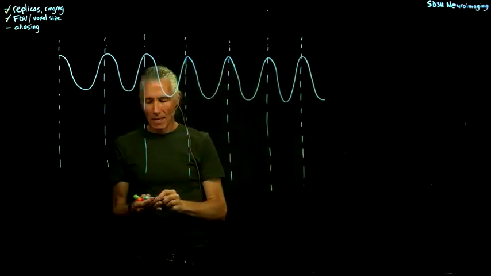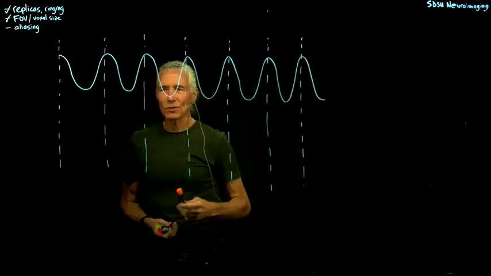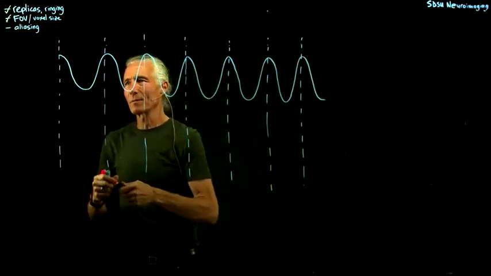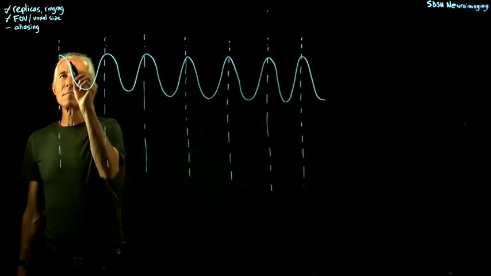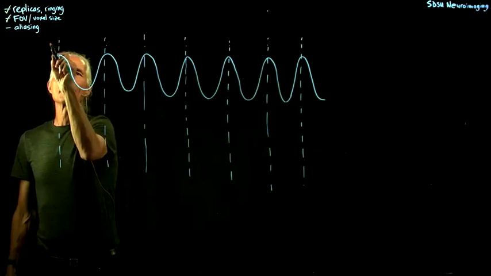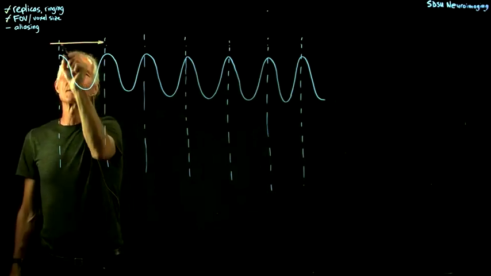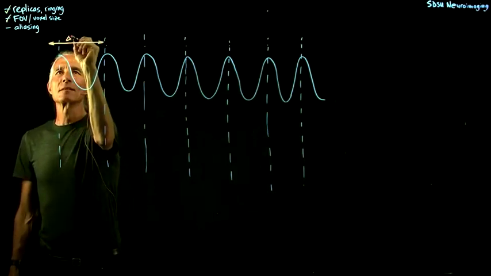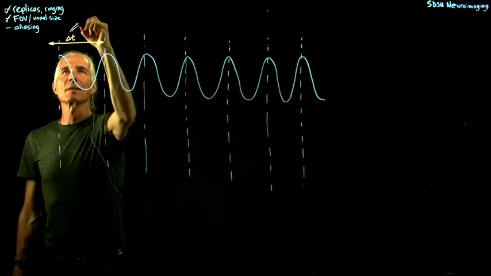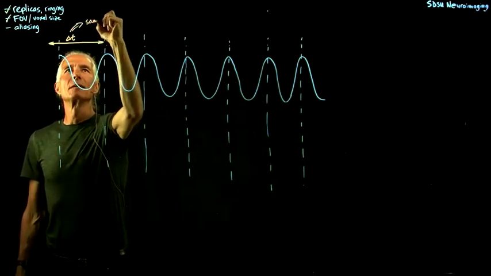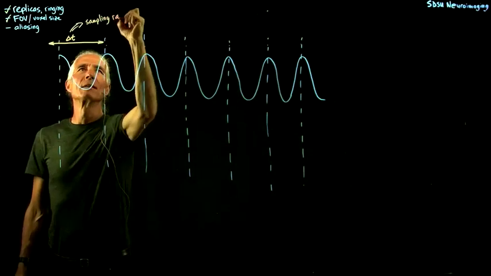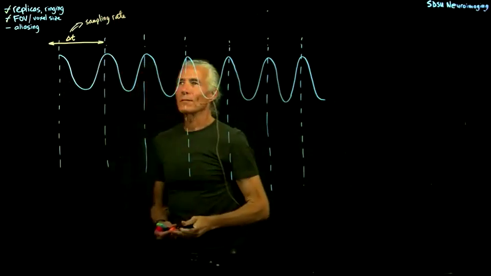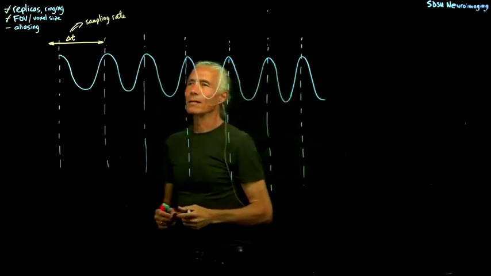So say we're sampling slower than twice the frequency. Let's sample at this interval. This is our delta t, our sampling rate, also known as 1 over the bandwidth.